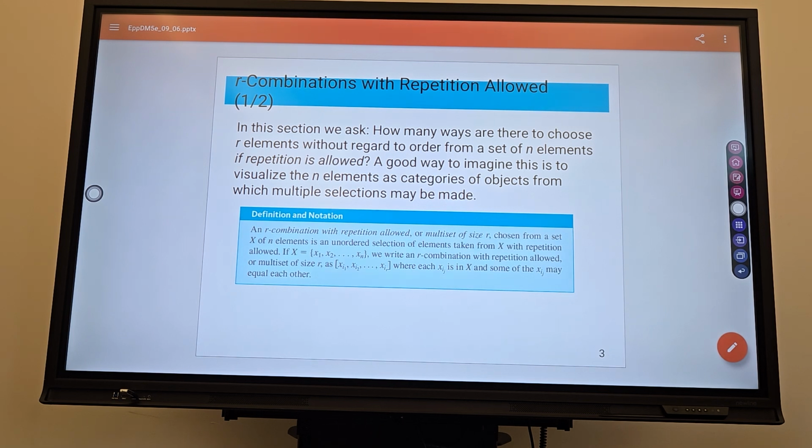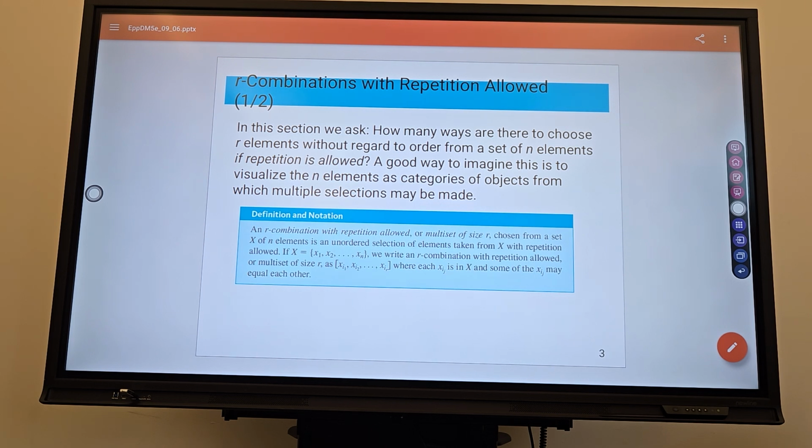Definition and notation. An R combination with repetition allowed, or a multiset of size R chosen from a set X of N elements, is an unordered selection of elements that is taken from X with repetition allowed.